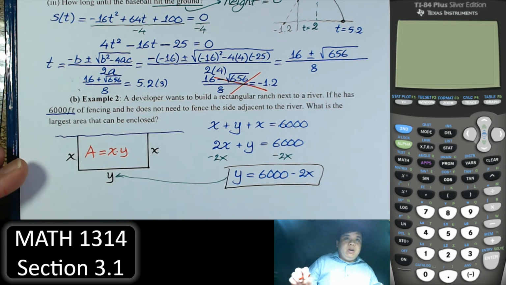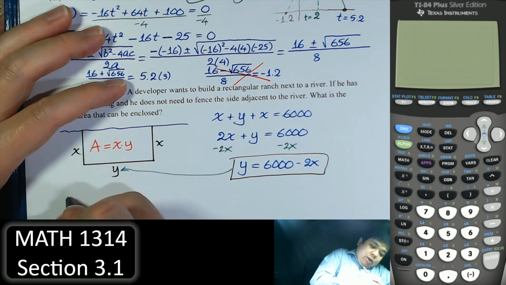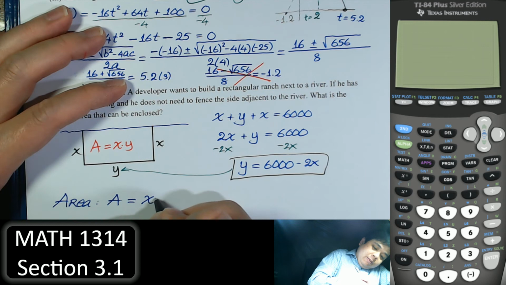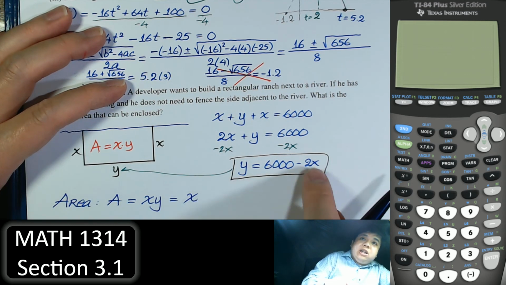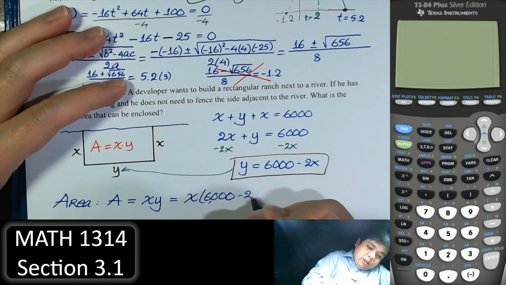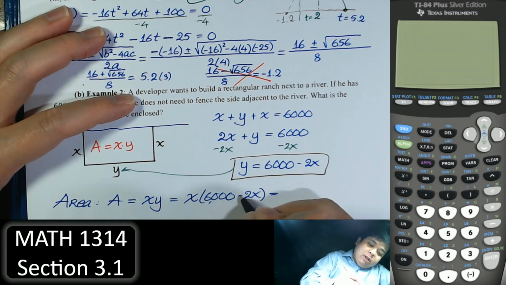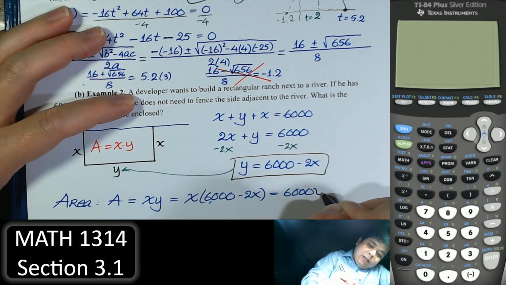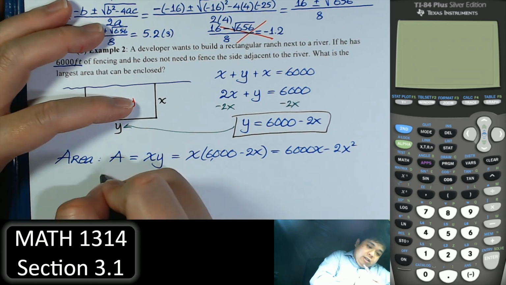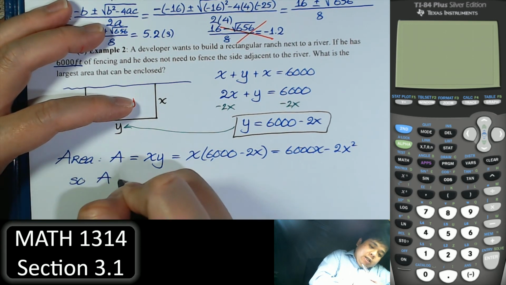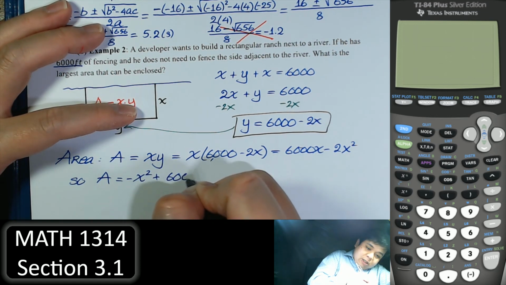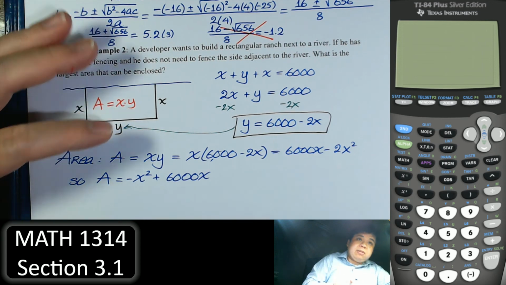Length times width, pretty much. So then we have the area: y is equal to 6,000 minus 2x. Multiply it out: 6,000x minus 2x squared. Or we'll rewrite it as negative 2x squared plus 6,000x.